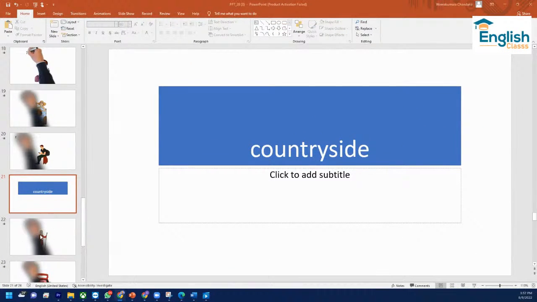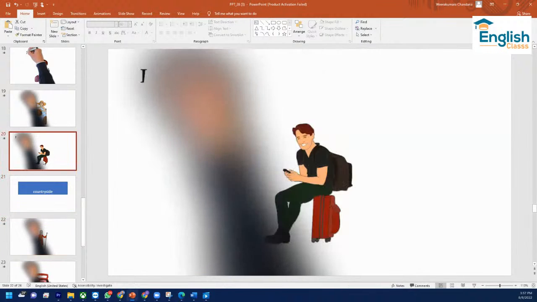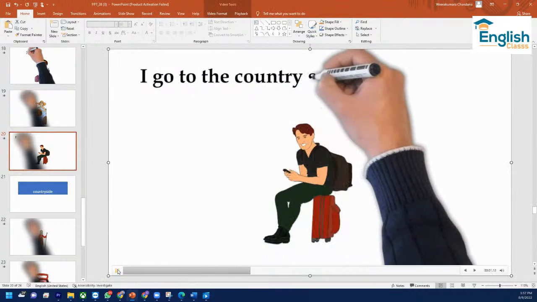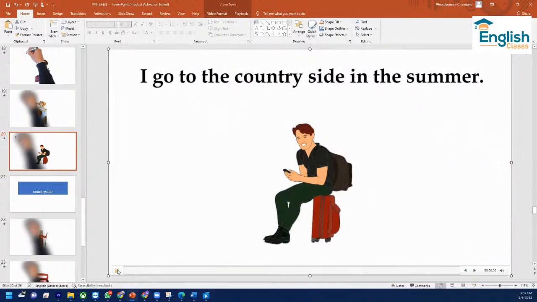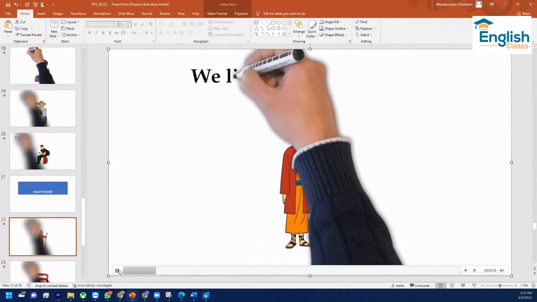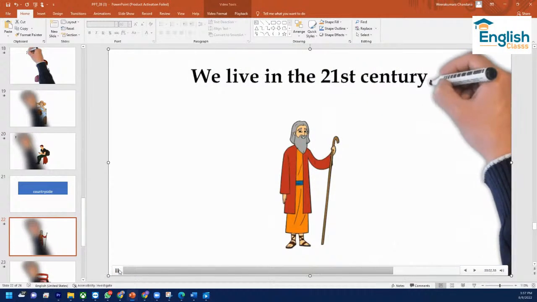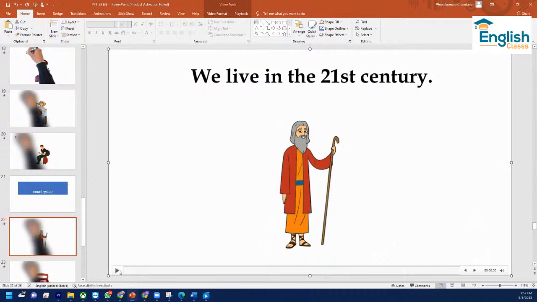Now look at the next example here. I go to the countryside in the summer. So just before the summer, we have to use in. Before the seasons, we have to use the preposition in. Next example, we live in the 21st century.